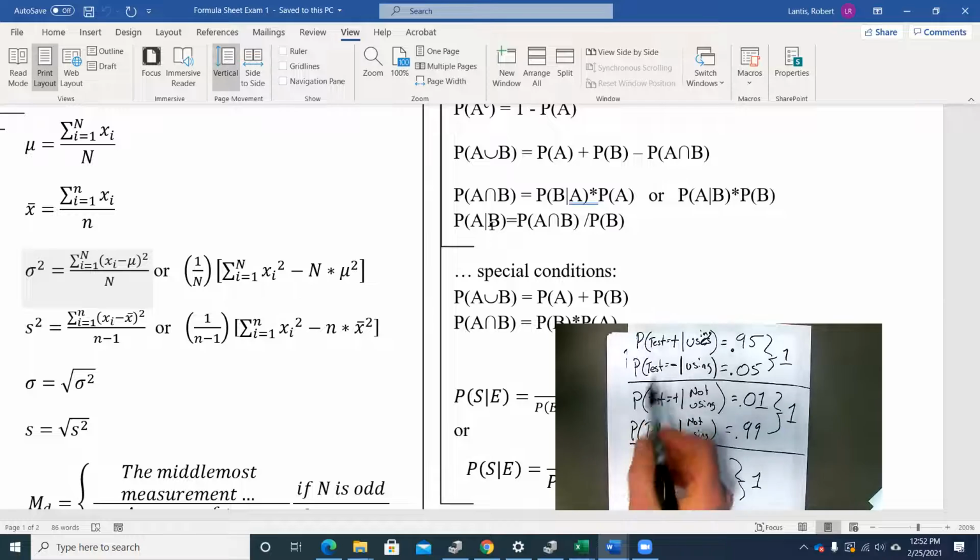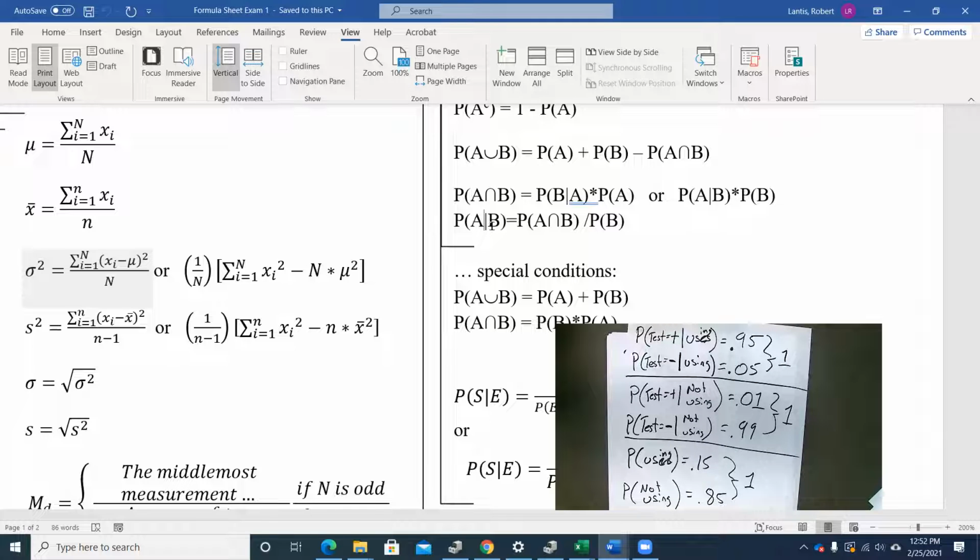All I have are conditional probabilities of the test coming back positive. So the probability the test comes back positive is going to be composed of two groups: people who were using and it correctly identified as using, and people who weren't using and had this false positive, right?